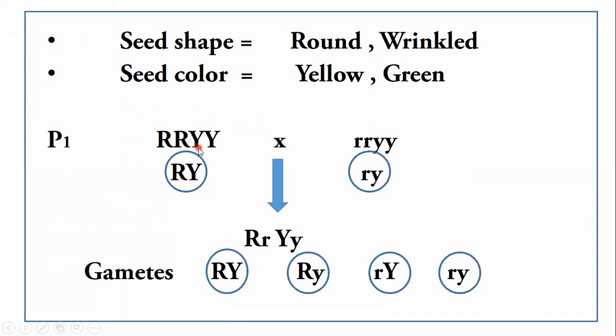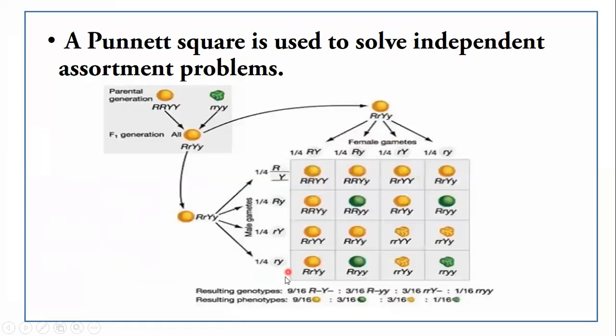So we have taken a round yellow parent and a wrinkled green parent. While in the F2 generation, we have observed 4 different phenotypes in the offspring. Round yellow is a parental phenotype, meaning that phenotype is also present in the parent. Similarly, the wrinkled green phenotype present in the F2 generation was also present in the parent. So round yellow or wrinkled green phenotypes of the F2 generation were basically the parental phenotypes.